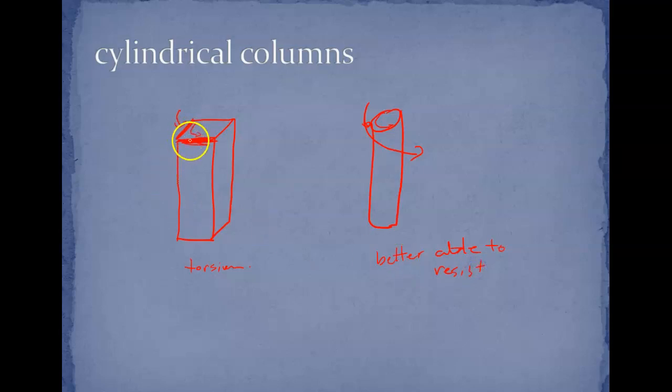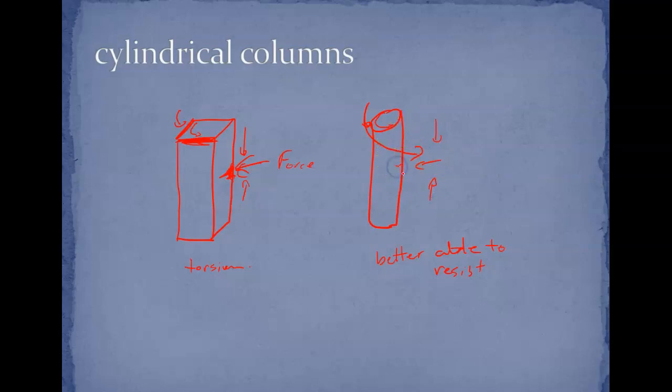Now, the other thing is, because of the unevenness in a rectangular column as opposed to a cylindrical column, this is more likely to buckle. This is going to take a force acting here straight on, and any sort of deformation, any sort of weakness here will more likely cause this to buckle than with this cylindrical post, and that's also just mostly due to the shape.